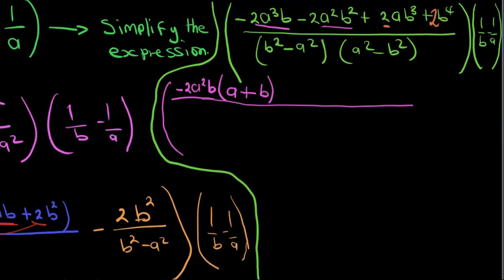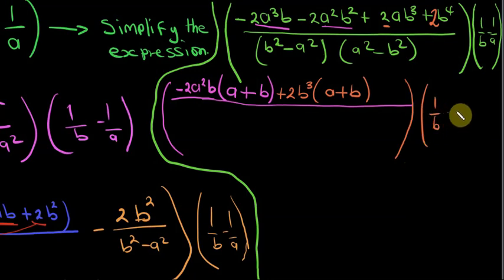So right there we'll take out plus 2b cubed, and that becomes a plus b, multiplied by 1 over b minus 1 over a.